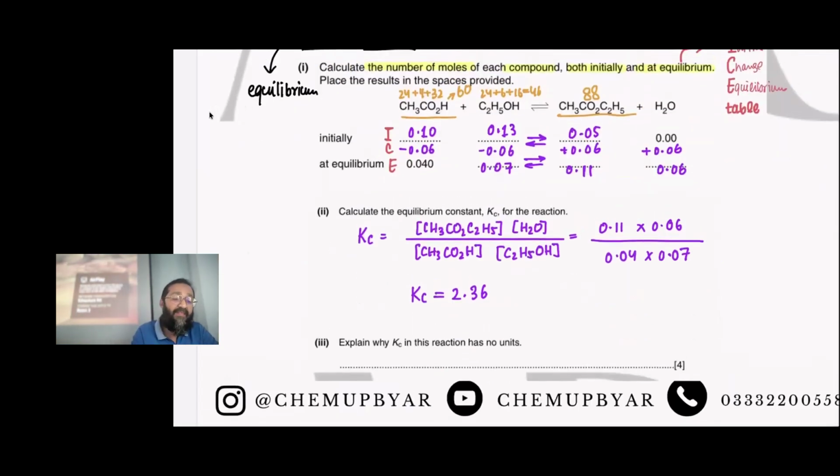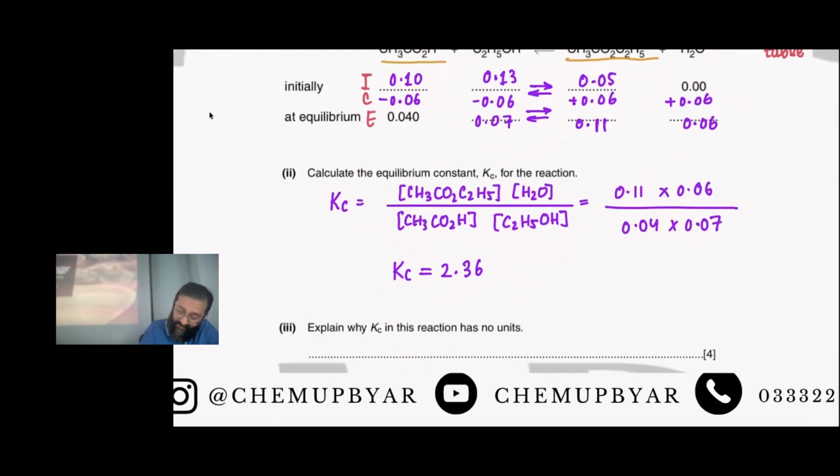Okay, now in the last part, they are asking you to explain why Kc in this reaction has no unit. Why? The moles are multiplied and divided as concentrations.